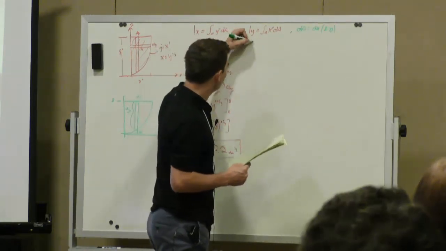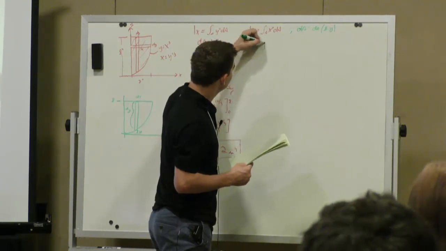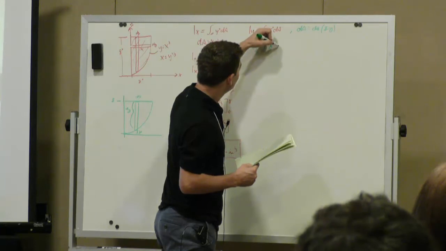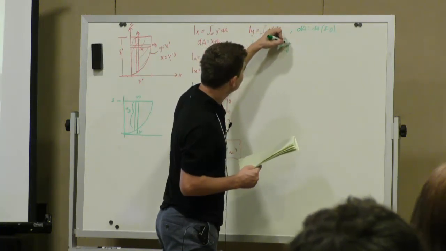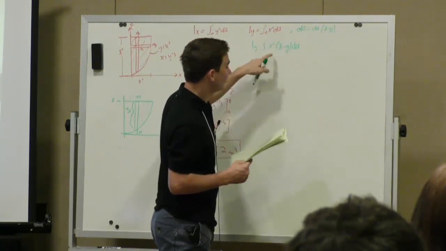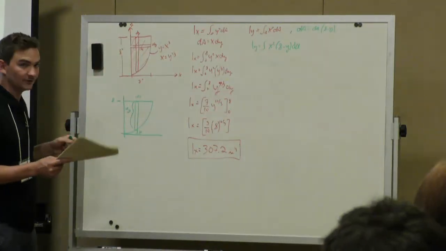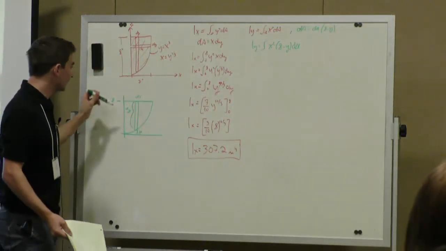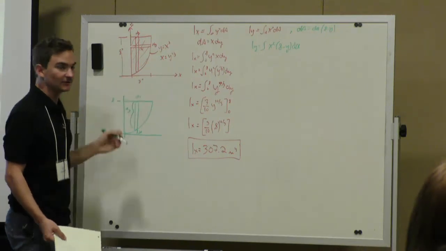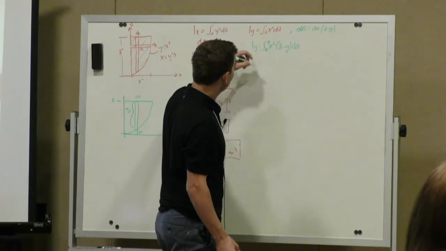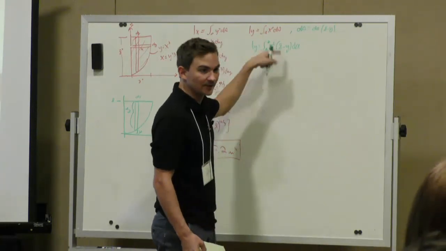So now we can plug it into our equation. We have x squared, 8 minus y, dx. What are our bounds? 0 to 2. Now we're integrating with respect to x, so we use our x bounds, 0 and 2. And we're integrating with respect to x, so we want to get rid of the y.